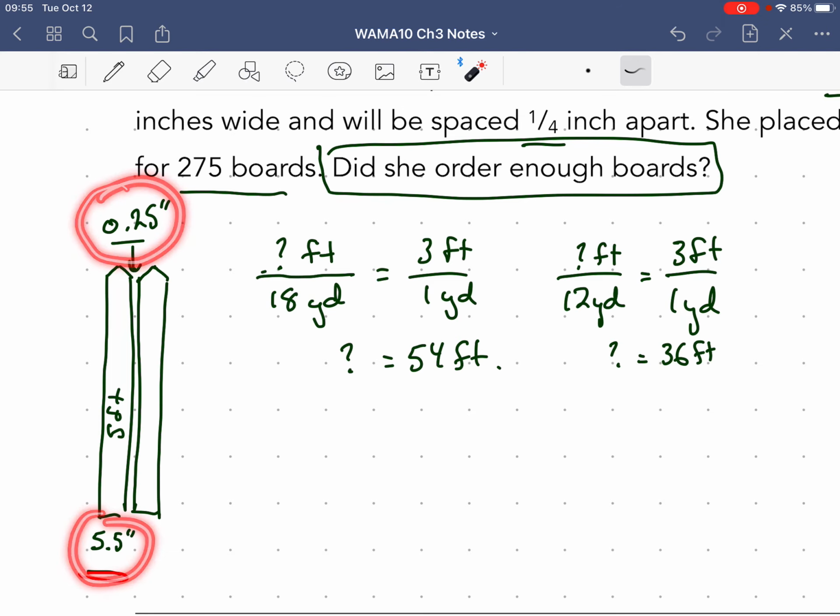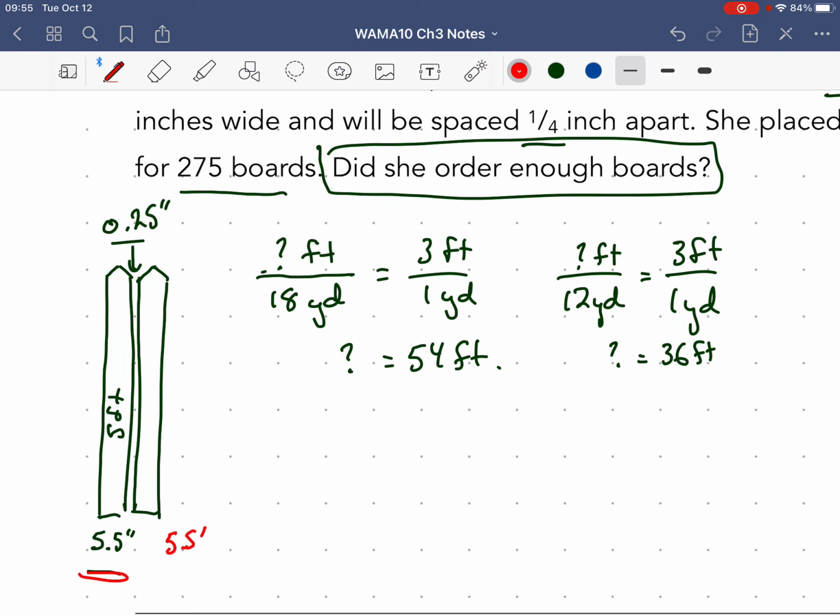Now every board comes with this gap. So we really need this distance between here and here, between one edge of one board and the start edge of the next board. So that's going to be 5.5 inches plus 0.25 inches, which is 5.75 inches, 5 3/4 of an inch.